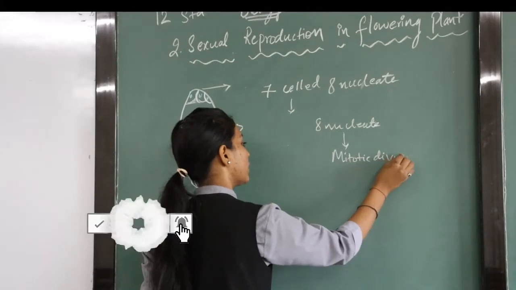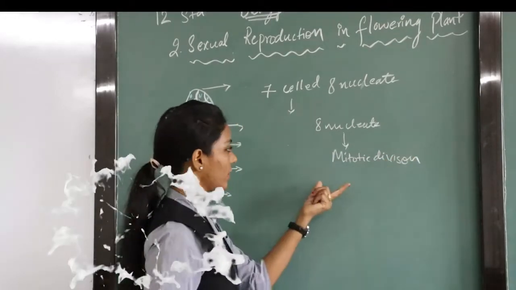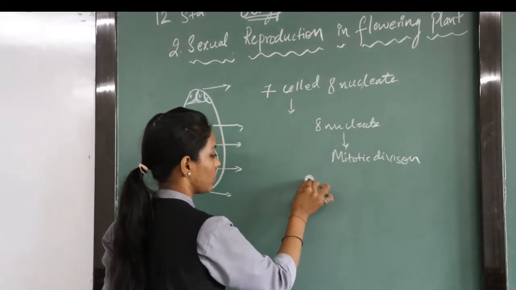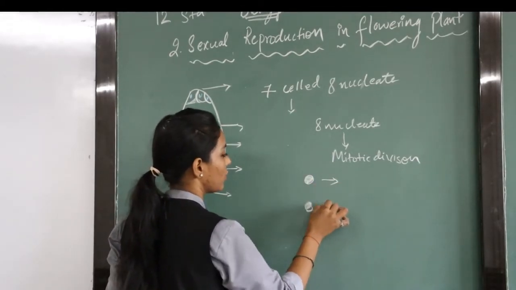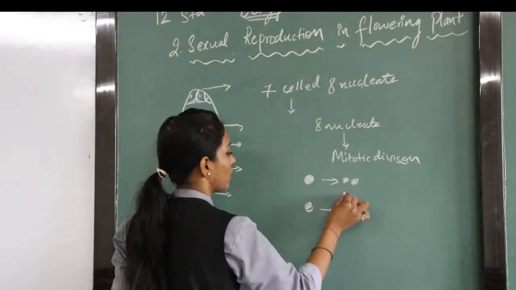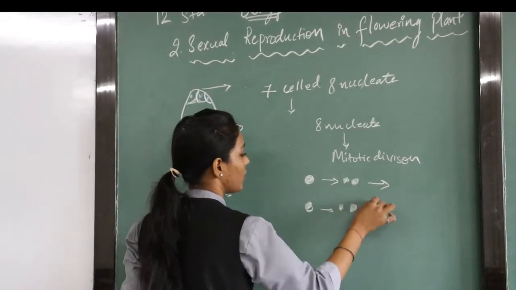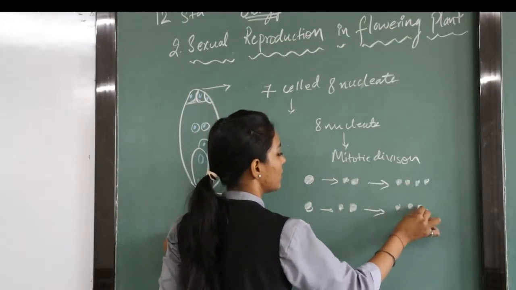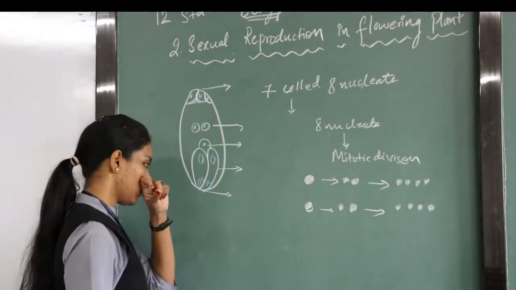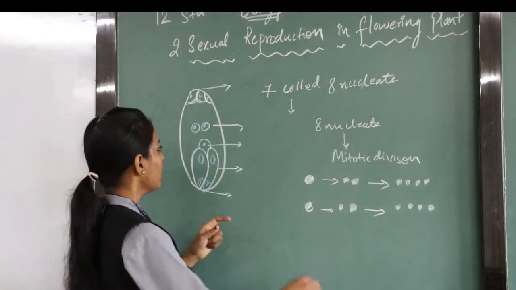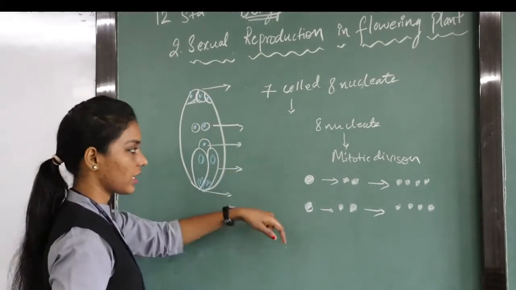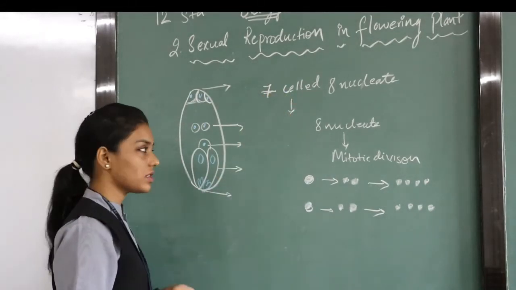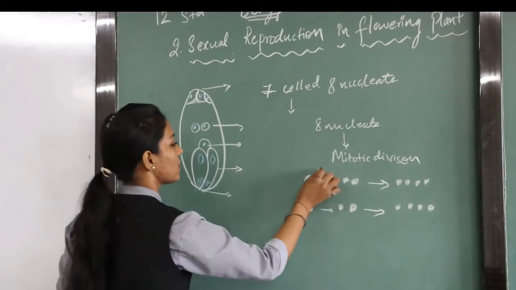When the nucleus divides by mitotic division, 2 nuclei divide to form 4, and from 4 nuclei it forms 8 nuclei. Now these 8 nuclei further divide and the 7-celled formation takes place.